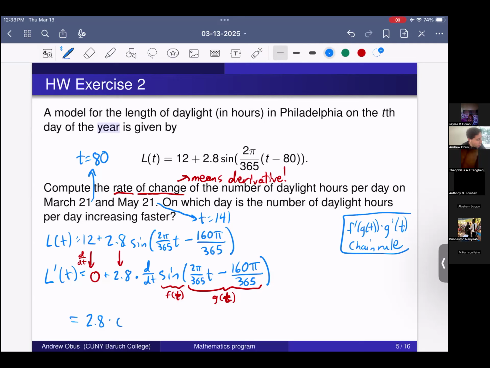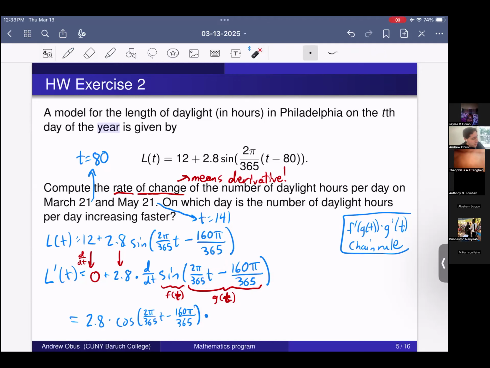So we're going to get cosine of 2 pi over 365t minus 160 pi over 365. And then times g prime of t. Well, this g is just a linear function, right? I mean, it's got complicated constants, but it's just something times t minus something else.